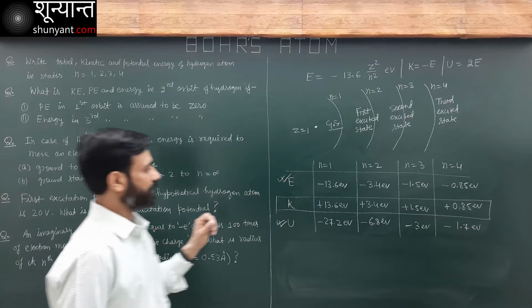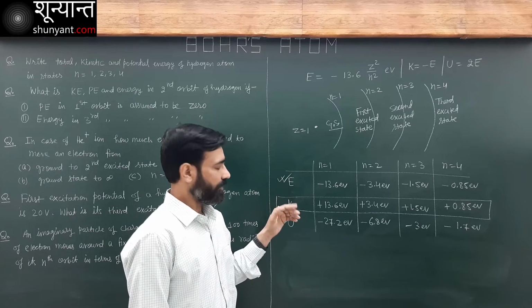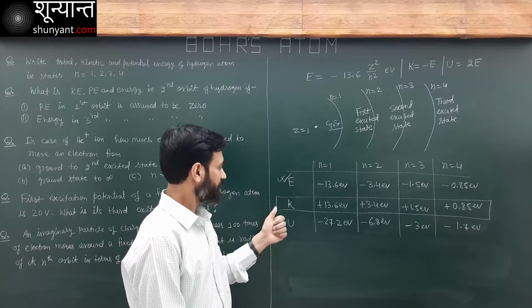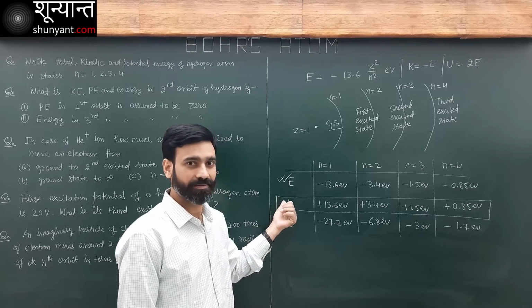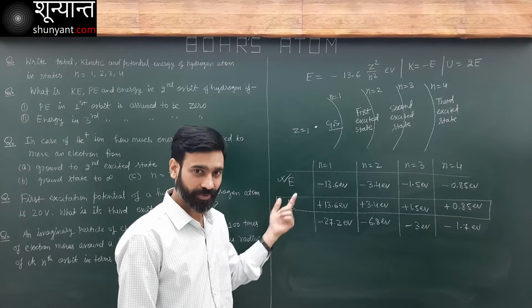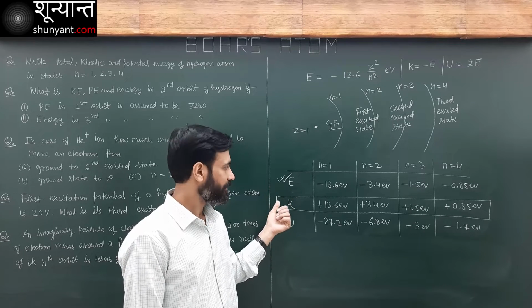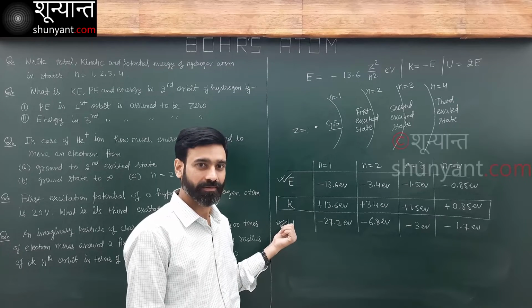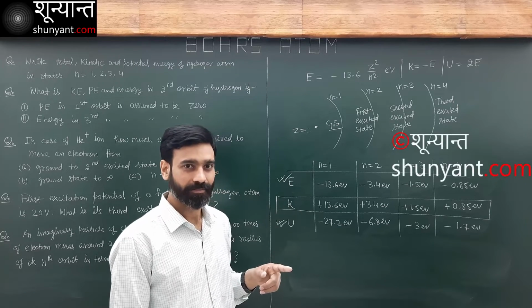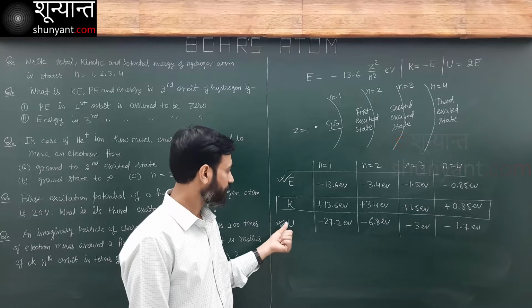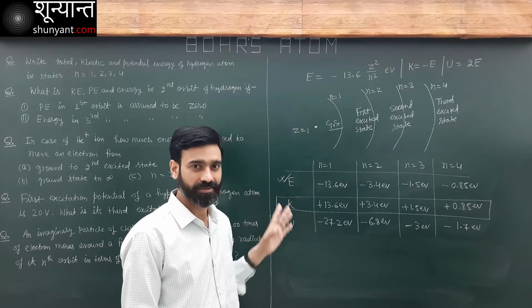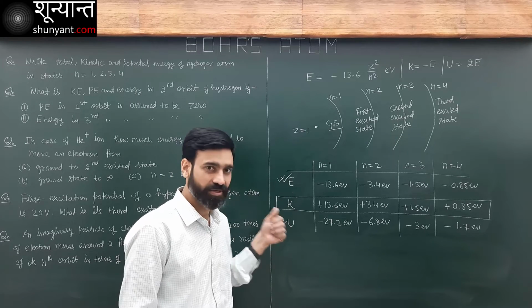Okay, now if I change my reference, remember this, very, very important. If I change my reference, then potential energy is going to change. The direct impact is on potential energy. And now if this changes, then this also changes. Now how does it change?